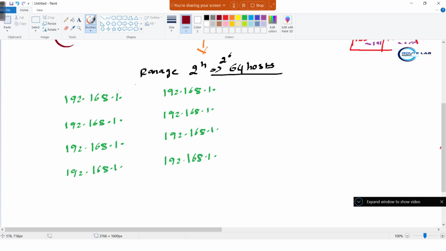So you can write it like this also: 0, multiples of 64, 64, 64 plus 64 is 128, 128 plus 64 is 192.